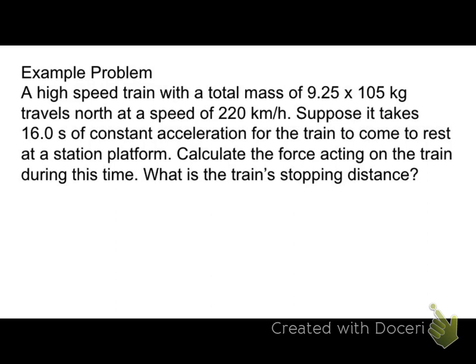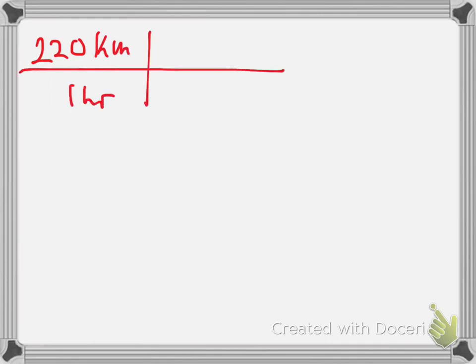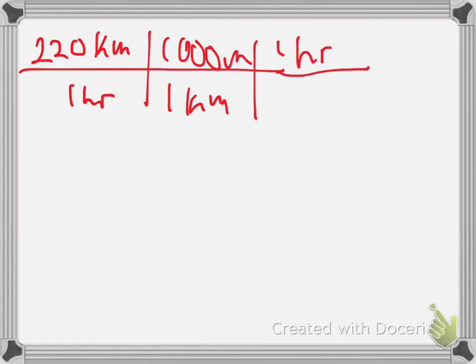So, very first thing I would do, let's convert that velocity into meters per second, because if we don't do that, it's going to mess with us. So we're going to take our 220 kilometers per hour and convert it by saying there's, in 1 kilometer, 1,000 meters, and in 1 hour, 3,600 seconds.